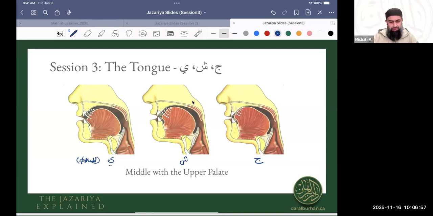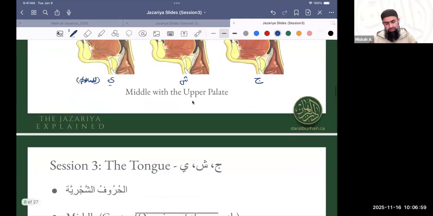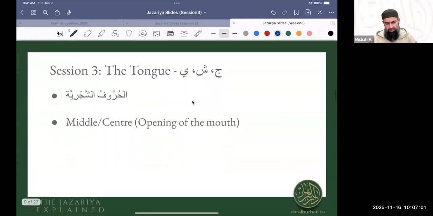Now, then we continue. So khalas, we've covered the makhraj of jim, sheen, and ya, and these huruf are called al-Shajariyyah. Shajar is really the stem or the main trunk. That's what it reflects on. And here we can say the center, the middle.